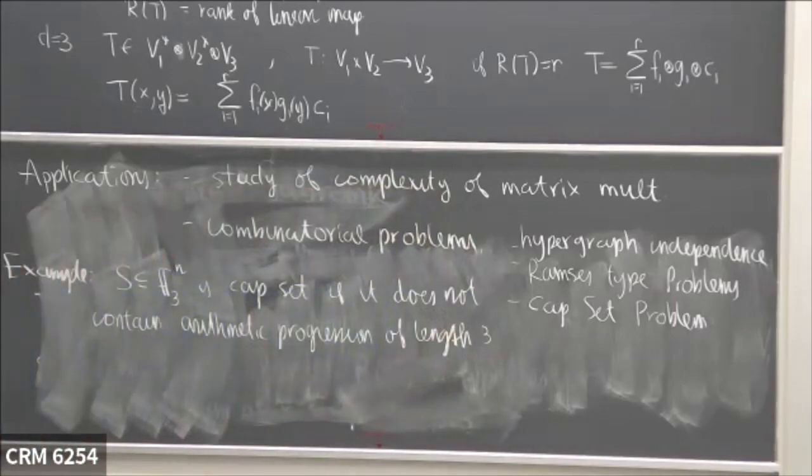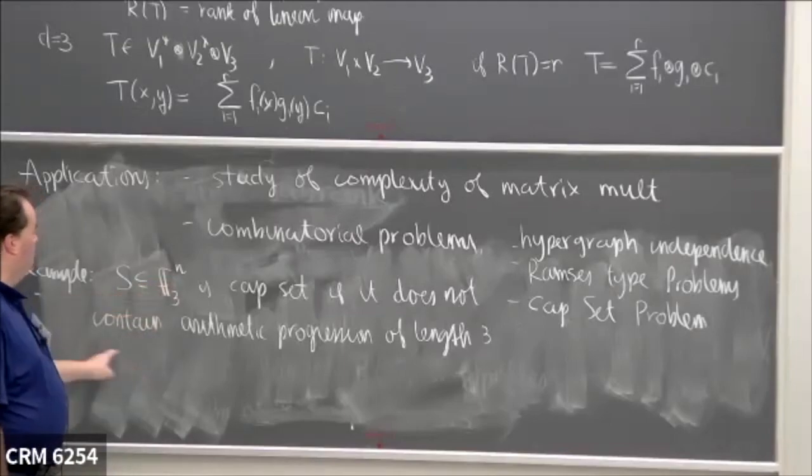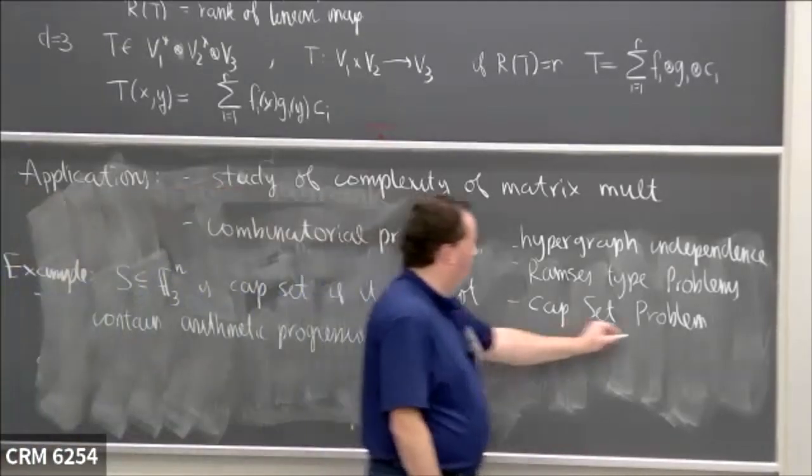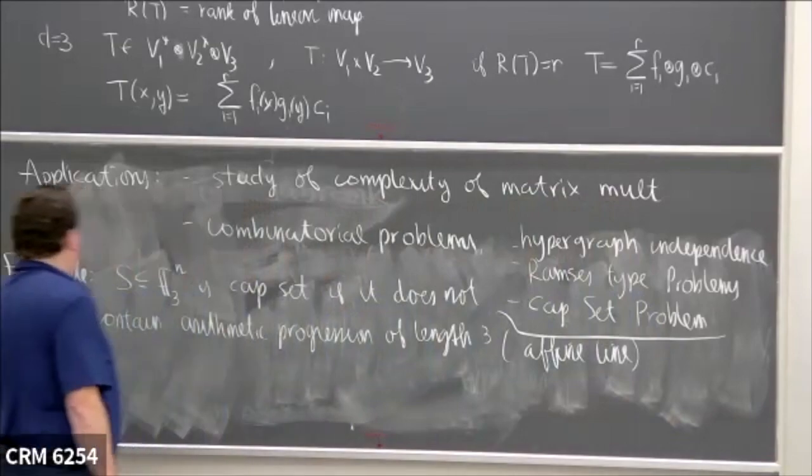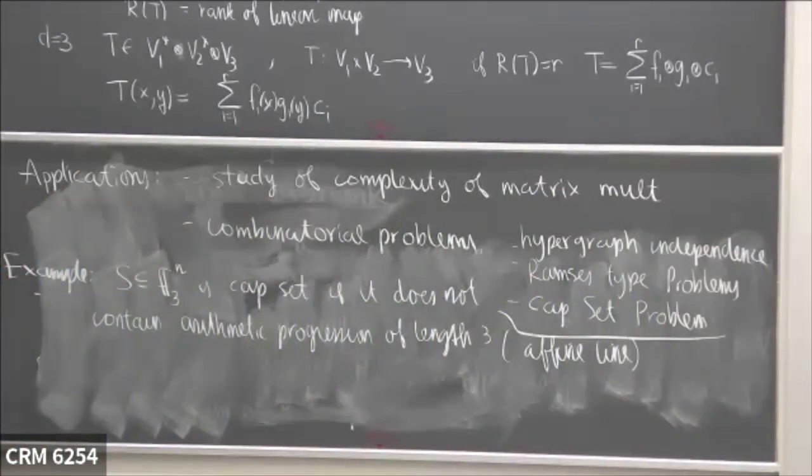But actually, if you think about it in F3 to the power n, an arithmetic progression is just an affine line. And the cap set problem is: what is the maximal cardinality of such a set?